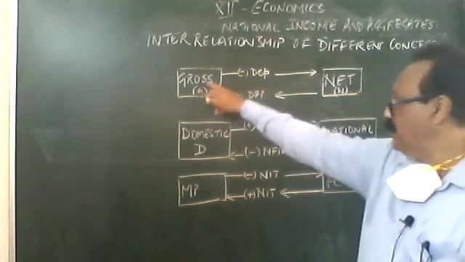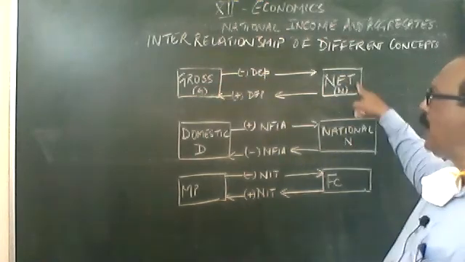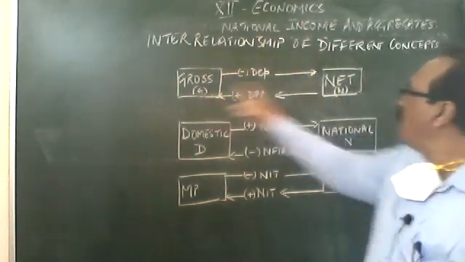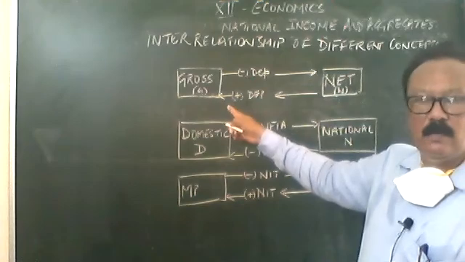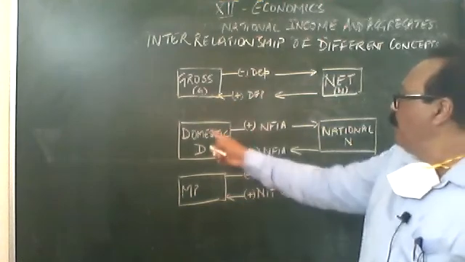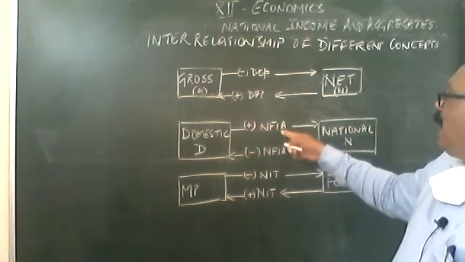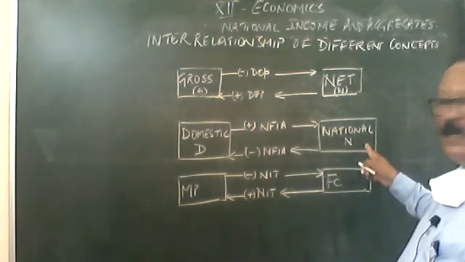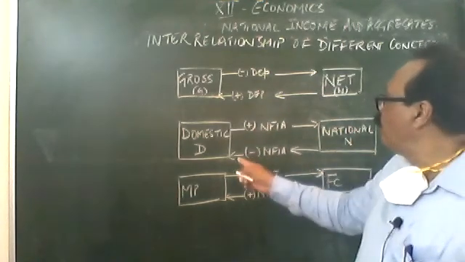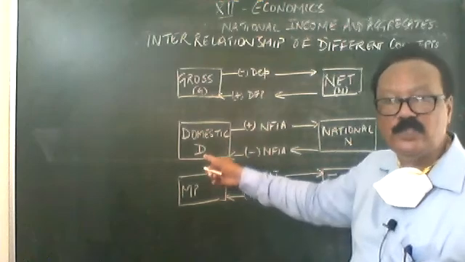When depreciation is taken out from gross, we come to net, and from net to go back to gross, we will add depreciation. Domestic income, national income. When we add net factor income, we go to national, and from national, if we remove the net factor income, we come back to domestic.